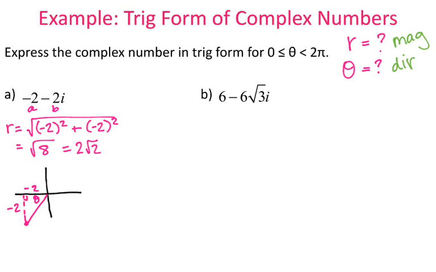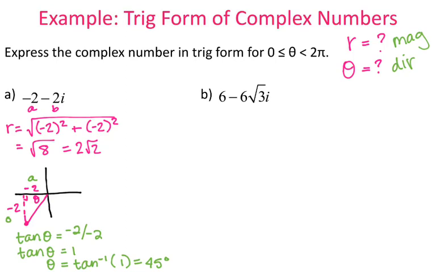Once again, if I look at my triangle, I have the opposite and the adjacent, which means I'm going to use tangent. So tangent of theta equals opposite over adjacent, so -2 over -2, or tangent of theta equals 1. And since we're trying to find an angle, you want to do the inverse tangent. So I'm going to take the inverse tangent of 1, and that is going to give me 45 degrees. So my angle measurement right there is 45 degrees.